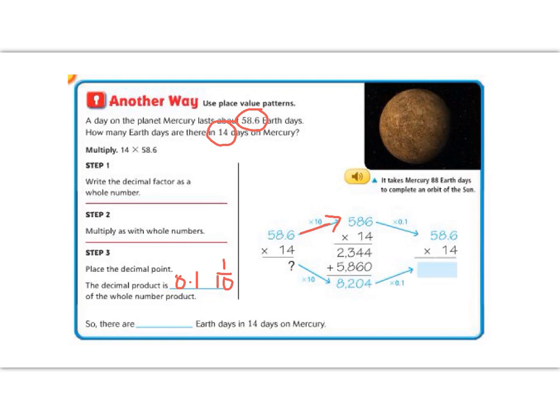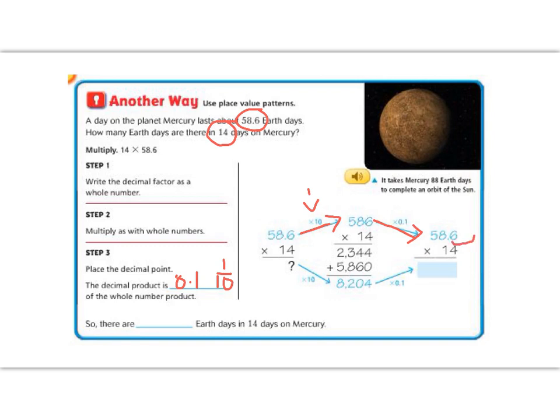So instead of having 58.6, I have 586. And then when I do all this work, I get this number, 8,204. But that number has the decimal moved to the wrong place because I multiplied by 10. So now I'm going to multiply by 1/10 to get rid of that decimal again. So my decimal is going to jump right back over here.